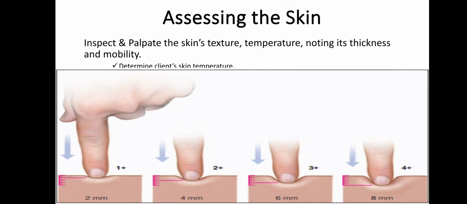So, 1 plus pag 2 mm yung pagbaba, okay? 2 plus pag 4 mm, 3 plus pag 6 mm, and 4 plus pag 8 mm yung pagbaba or pag-dense ng ating skin, no?